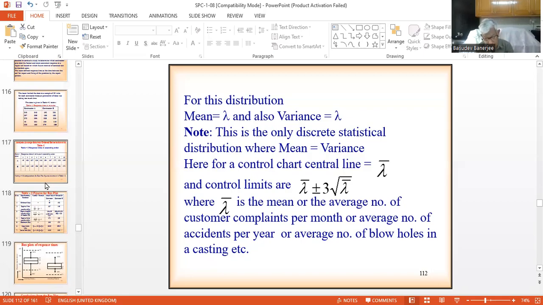The first table in statistics is the normal distribution table, which is the most important statistical distribution that all statisticians or quality controllers will have to use.